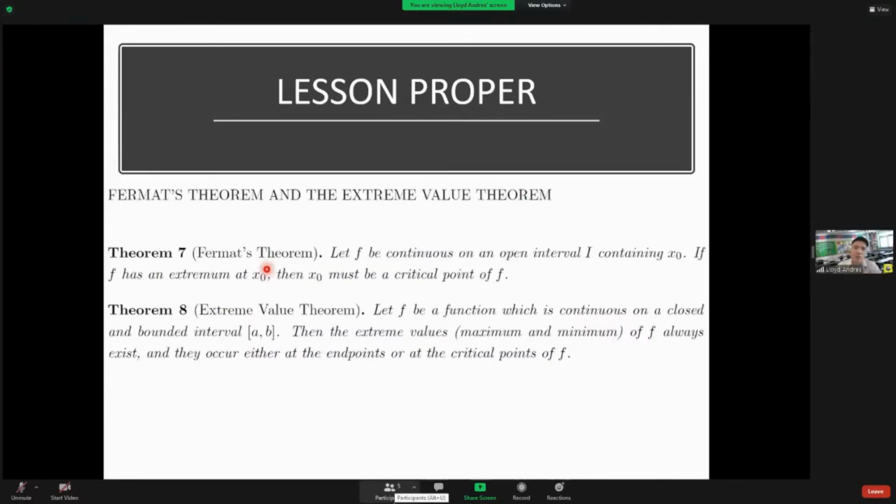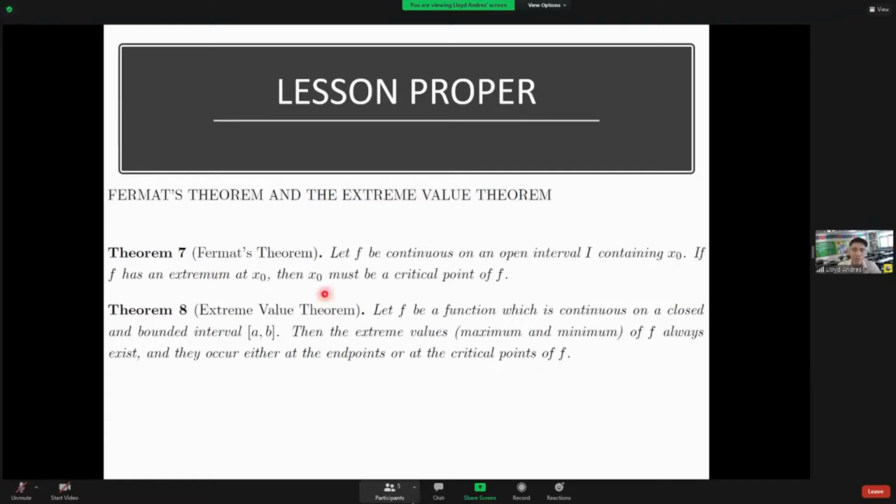Then, we also need, for this lesson po, magamit nato ning two theorems. The first is Fermat's theorem. Fermat's theorem states that let f be continuous on an open interval I containing x sub 0. If f has an extremum at x sub 0, then x sub 0 must be a critical point of f.